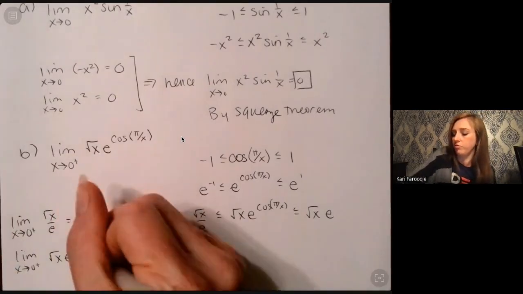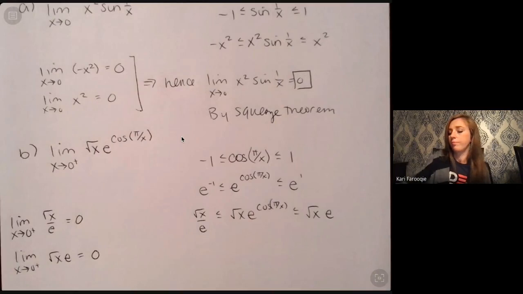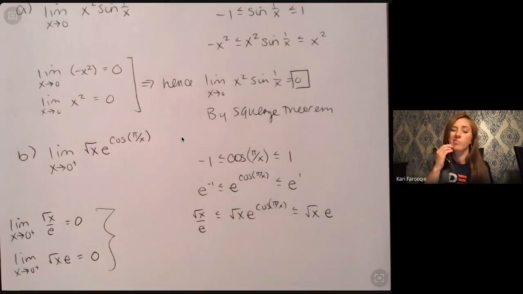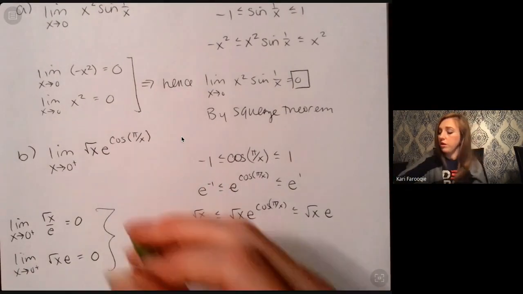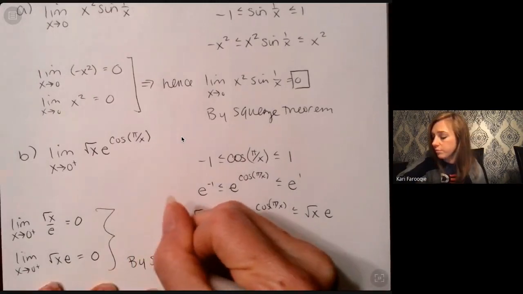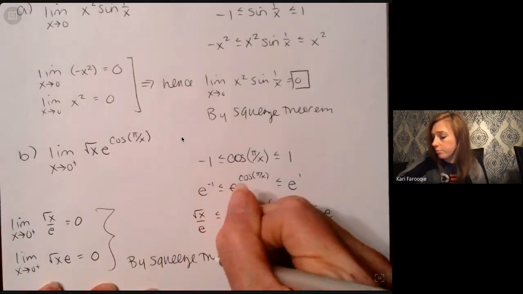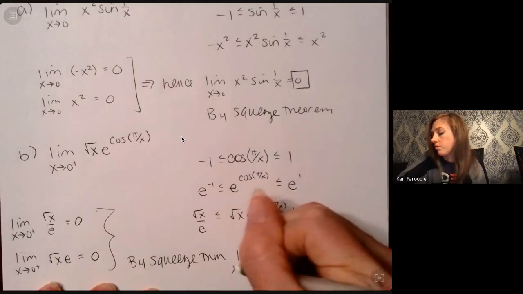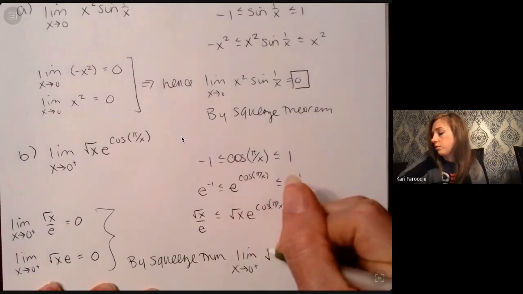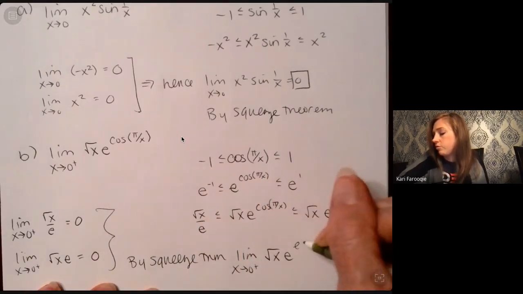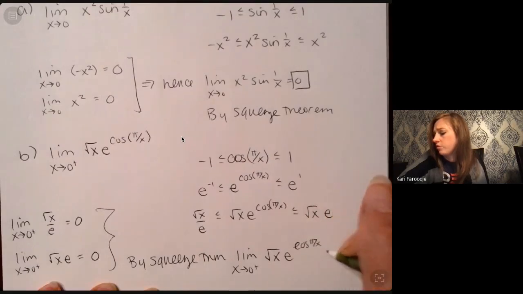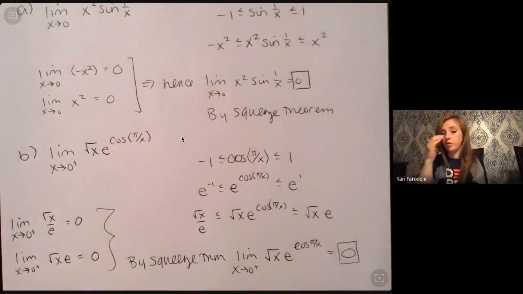Then you have 0 times a constant, which is 0. So we can say, by the squeeze theorem, the limit as x approaches 0 from the right of the square root of x, e to the cosine pi over x, must also equal 0.